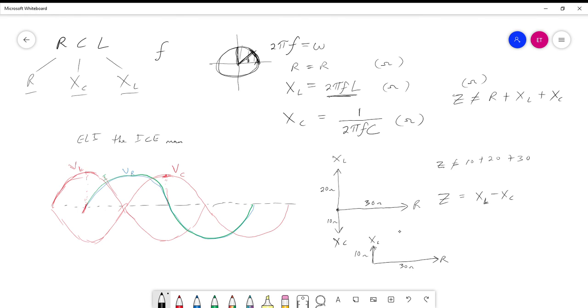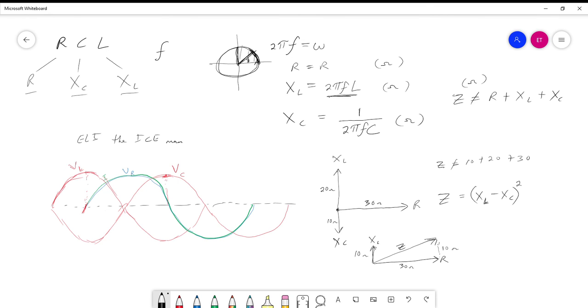And I'll make it a little more obvious. There's a right triangle here that I can solve. This length here is my total impedance. So what we want to do is take whatever reactance, after you've combined the inductive and capacitive reactance to a net reactance, that's what we have here.